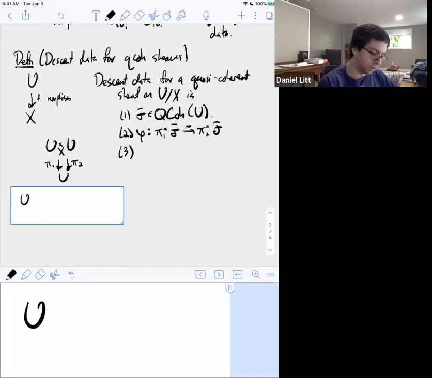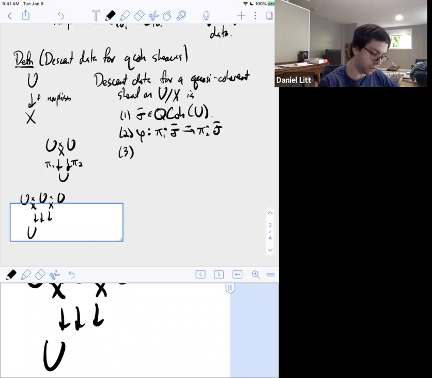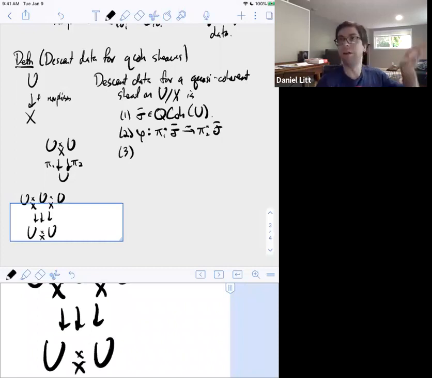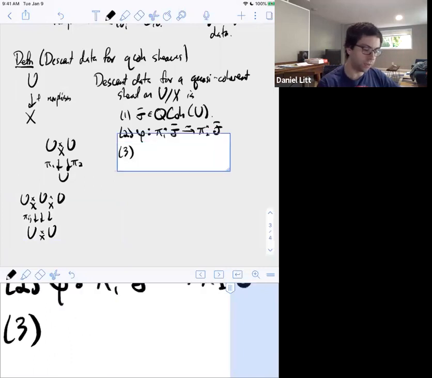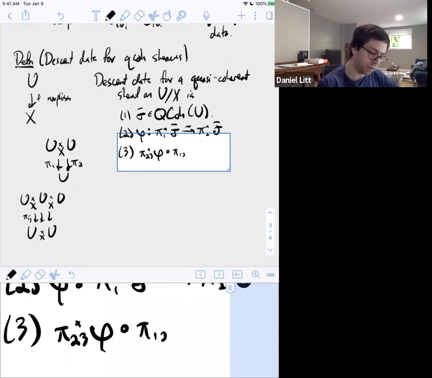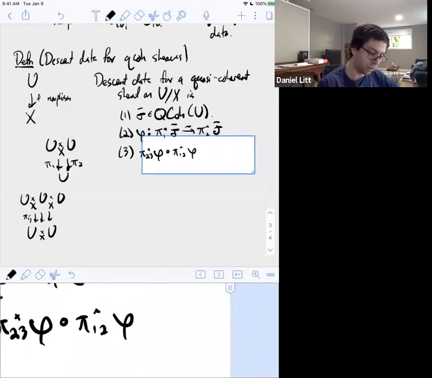If we take the triple product of U over X, that maps in three different ways to the double product, right? There's the projection onto the first and second factor, the first and third factor, and the second and third factor. I'll call these projections pi ij, so pi ij projects onto the ith factor and the jth factor. And one way of saying the cocycle condition is if we pull back this phi along pi 2,3 and compose with its pullback along pi 1,2, that's the same as its pullback along pi 1,3.